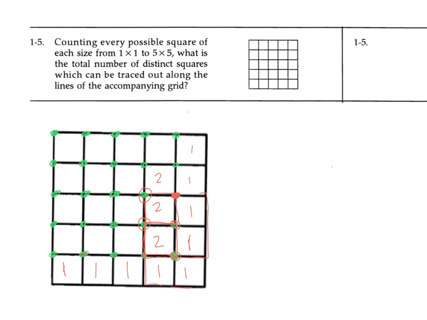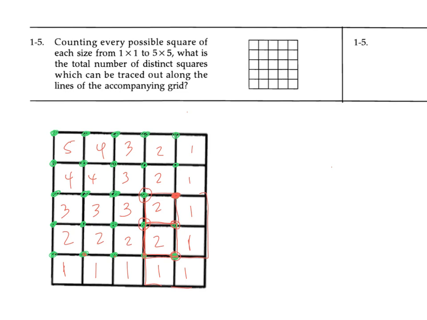So each of these, you quickly see, you're going to have 2s in that next layer. For similar reasons, these are going to be 3s, these 4s, and this a 5.